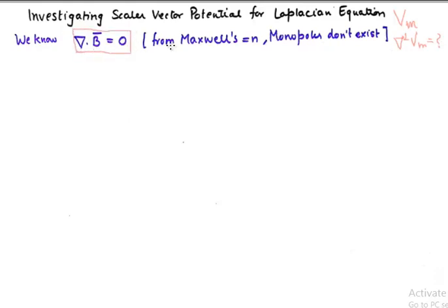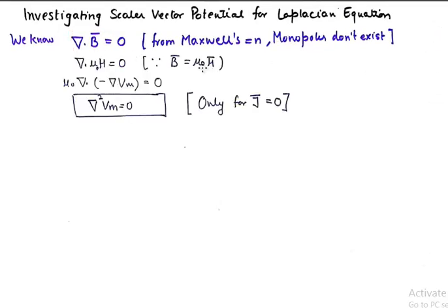This is taken from Maxwell's second equation because monopoles do not exist, so divergence of magnetic flux density is 0, and B is mu naught H, so I substitute B as mu naught H. Instead of H, I just put the value negative gradient of Vm, which we just established that H is negative gradient of Vm if J is 0, of course.